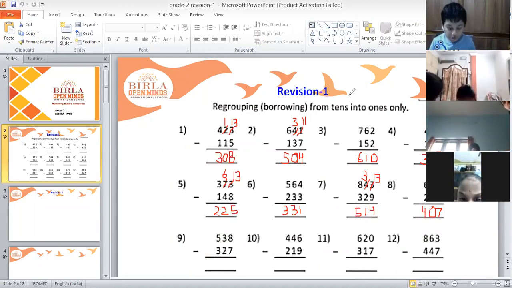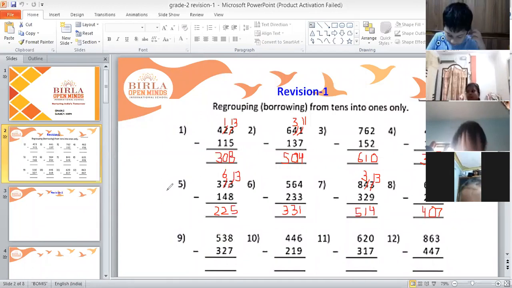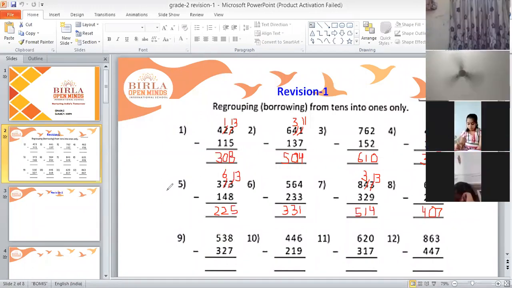So the answer is 407. That's the correct answer. Yes, AVK Ganesh, you read next question quickly.